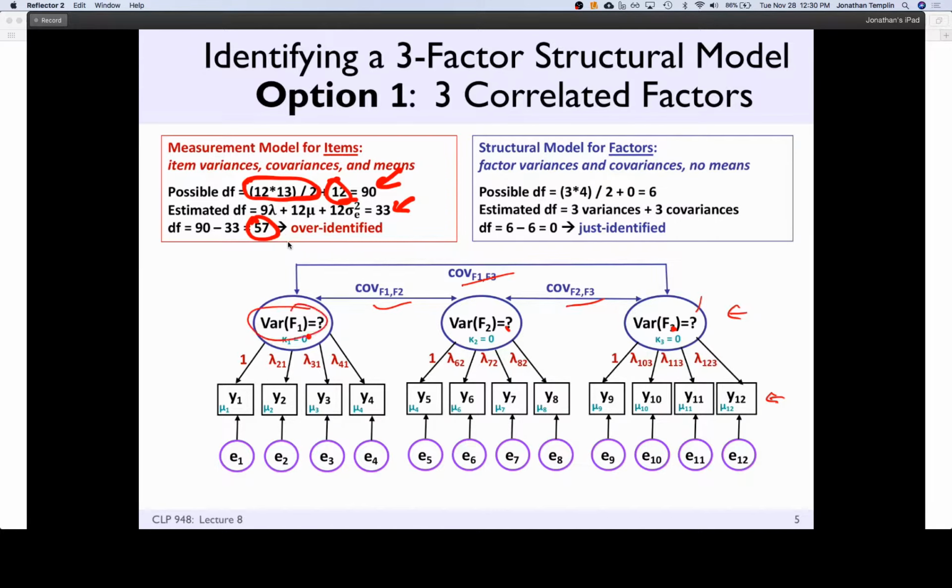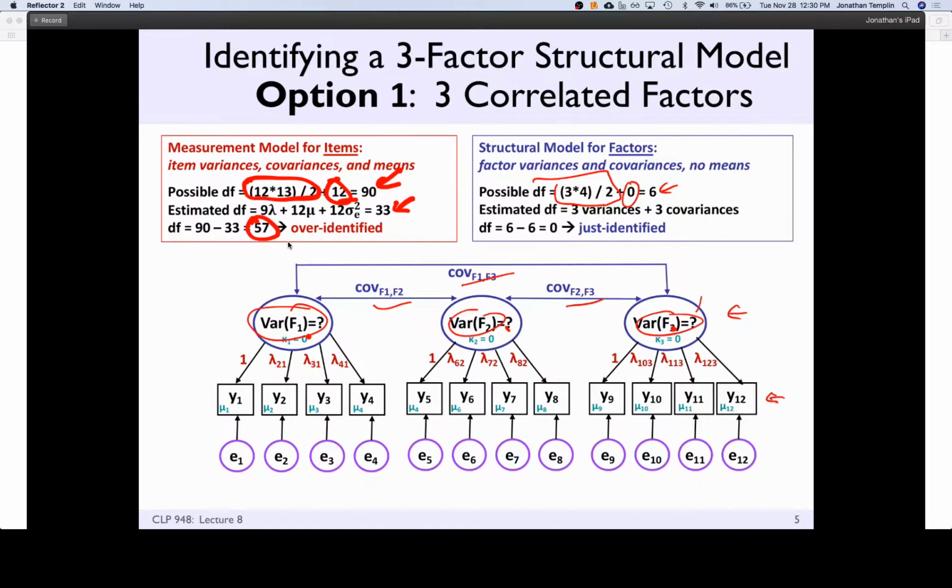And we have 3 variances, 1, 2, 3. So there's the 6. That's 3 times 4 divided by 2. There's 6 variances and covariances. But we didn't estimate the factor means, so we have actually 0 of those left. So there's a total of 6 parameters maximum we can have in this model.